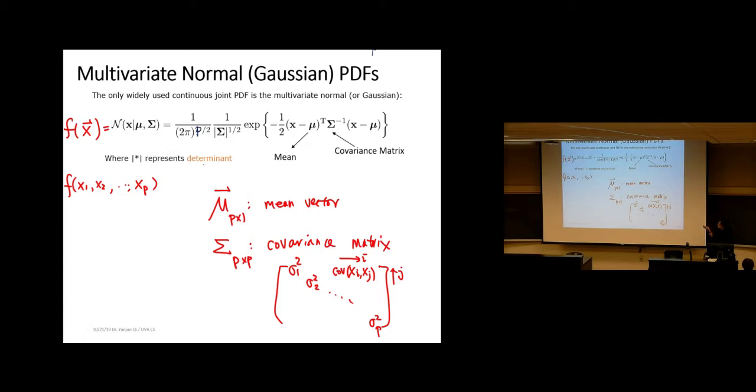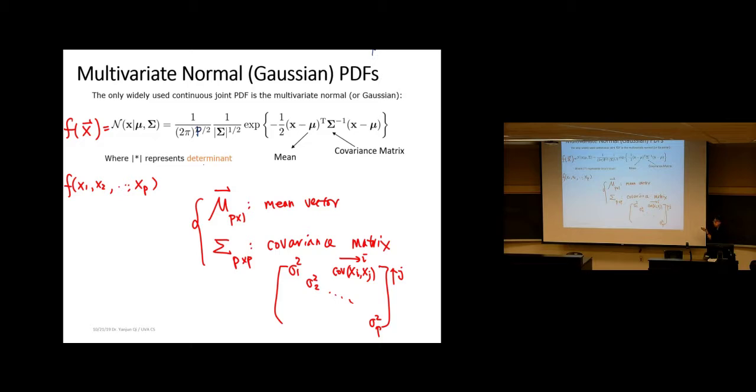So the whole probability density function of a multidimensional Gaussian distribution is fully captured if you know its mean vector and its covariance matrix. It's fully determined by these two parameters. So to learn this PDF f(x), what you really need to estimate is only two things.